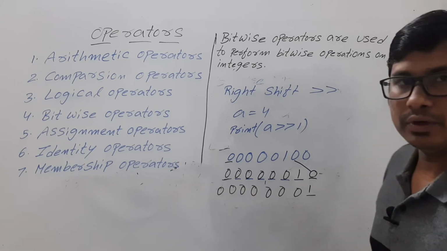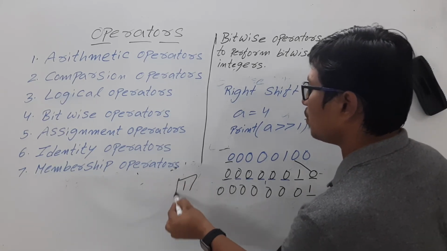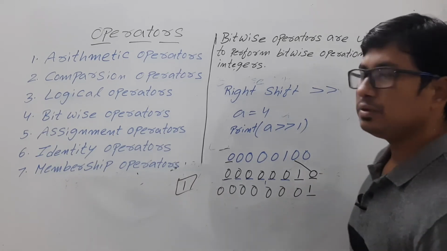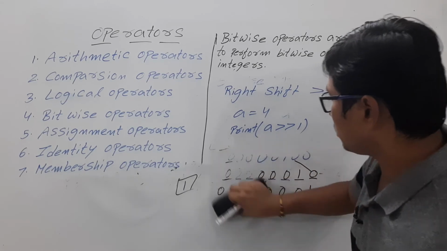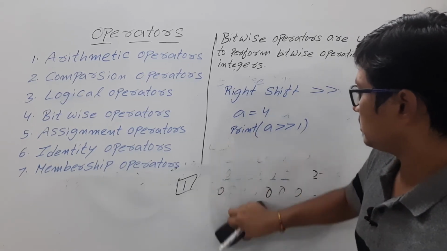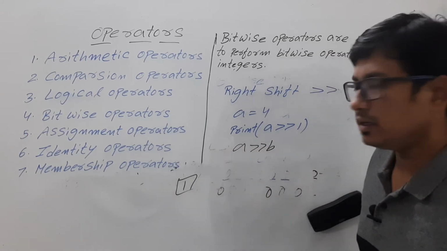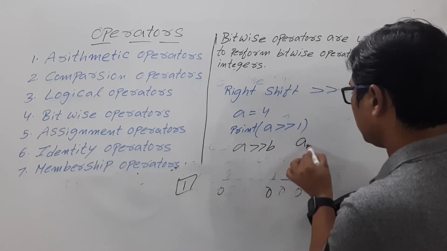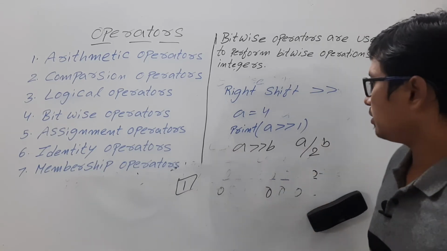So if you convert this binary number to decimal number, you will get the value as 1. Okay, so the shortcut way to perform the right shift operation is that if you have a right shift b, then you can simply perform it as a divided by 2 power b.